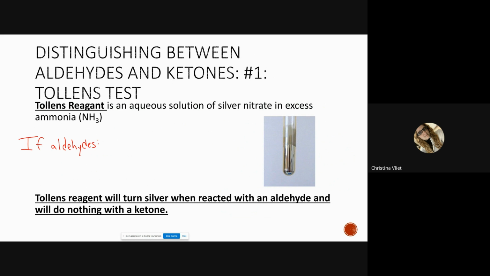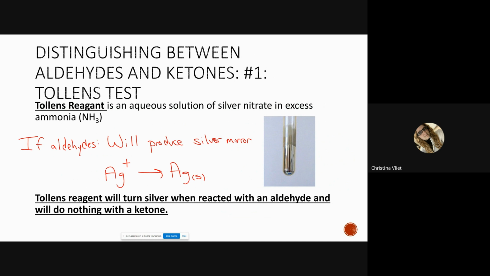So silver nitrate in an excess of ammonia is going to be something that, if you have an aldehyde, will produce a silver mirror. What happens is the silver nitrate will go to silver solid, and you will form a silver mirror.